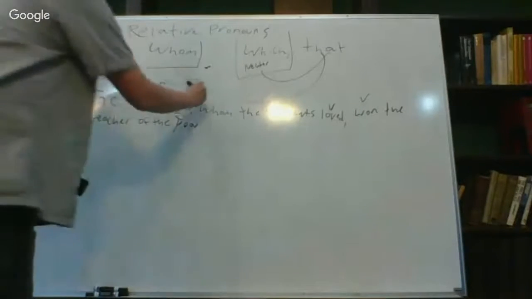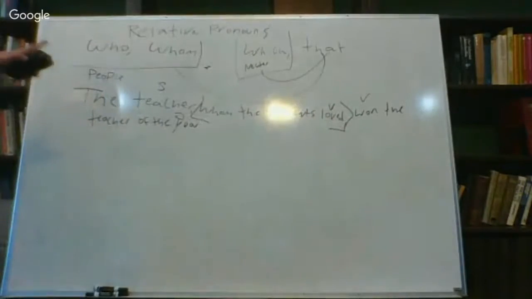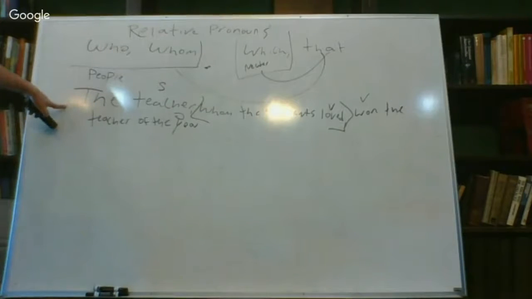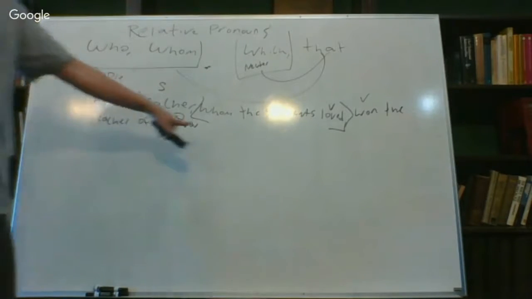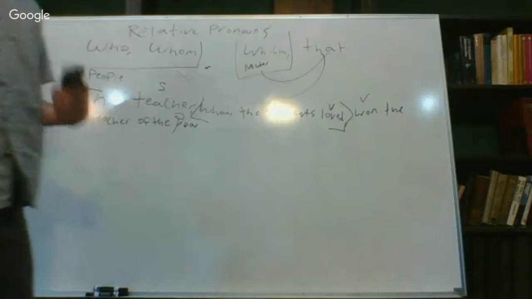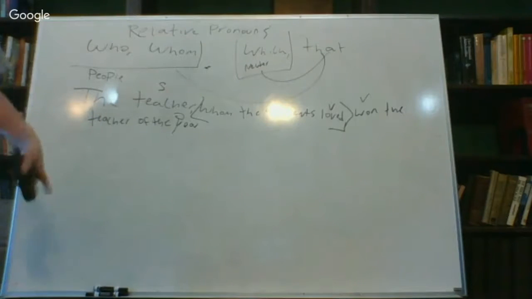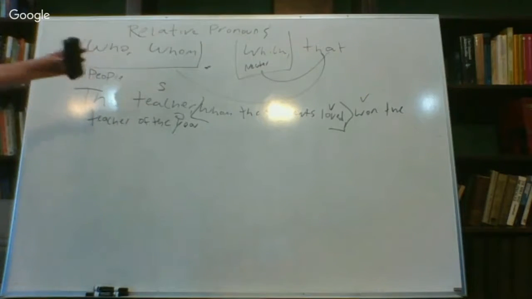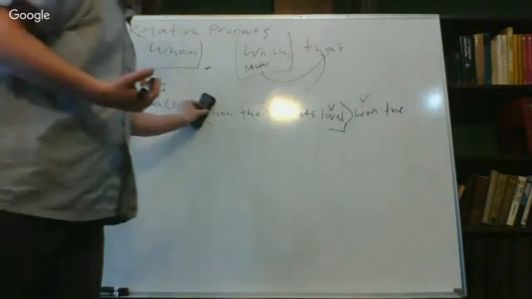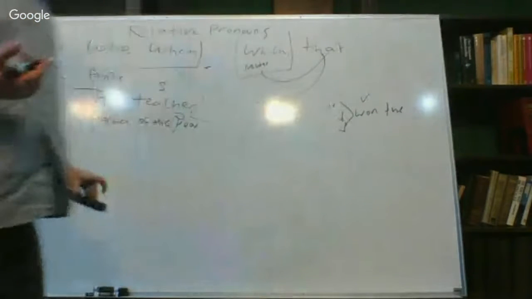So we have this phrase here, whom the students loved. This is a dependent clause on the teacher. The relative clause here is giving us a little bit more information about the teacher. We could completely get rid of it, and we would have the teacher won the Teacher of the Year award.